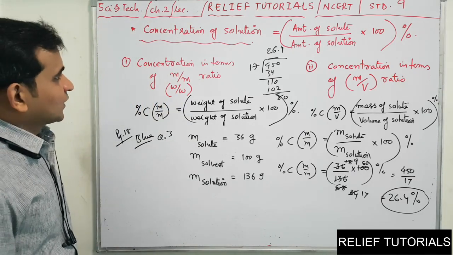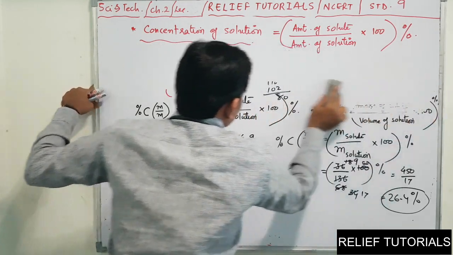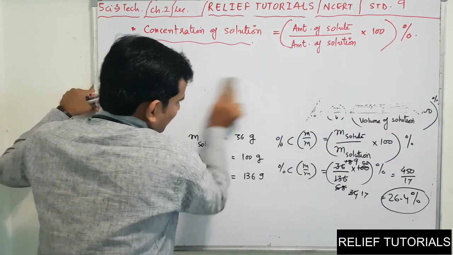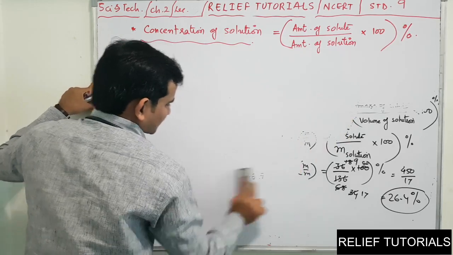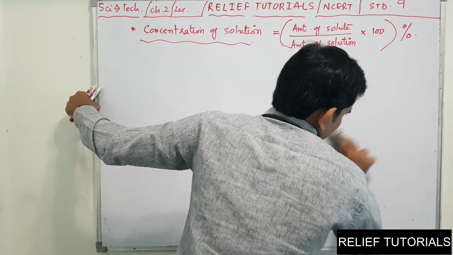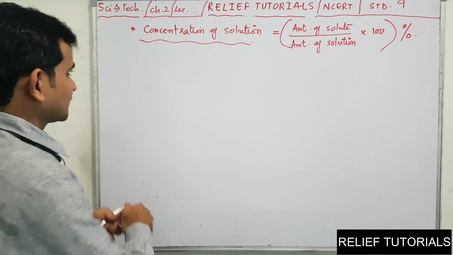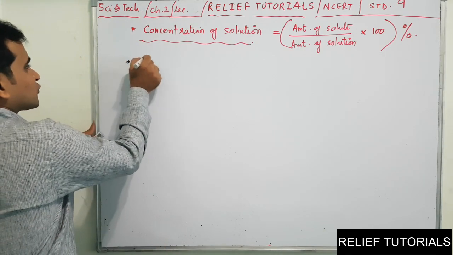So this is all about the concentration of solution. We have seen the formula, we have seen two types of concentration, mass by mass ratio and mass by volume ratio. Still two types of solutions are there based on the concentration. Based on the concentration, we have two more types to be studied.